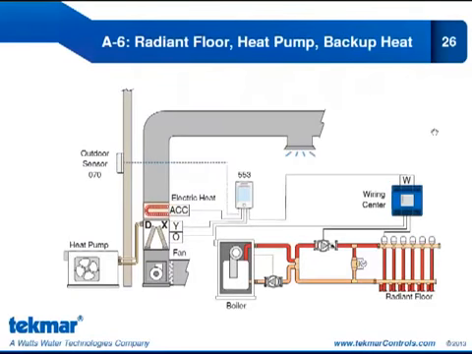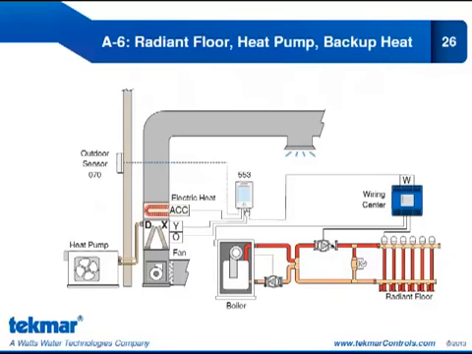Our sixth application is another heat pump application. This time, the ACC relay will not be operating the dehumidifier, it will be operating an electric strip for backup heat. So this is the only application for the 553 where we have the option of 3 stages of heat. Our first stage of heat is the radiant floor. So we have the W going to the wiring center.